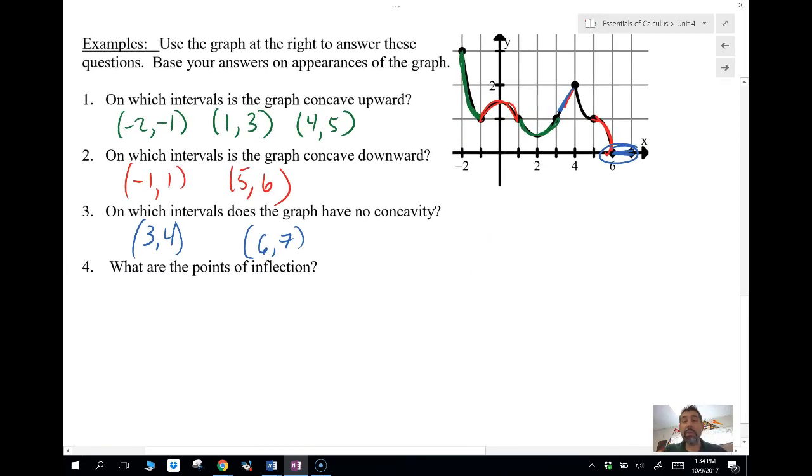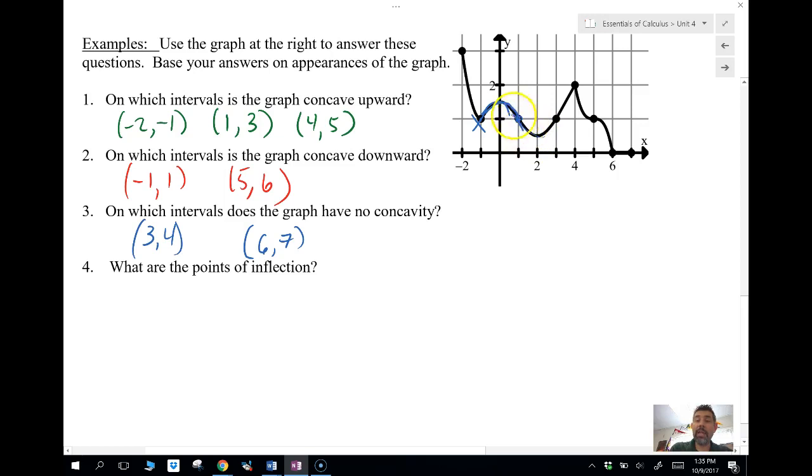What are the inflection points? Again, an inflection point is a differentiable point that changes concavity. Notice here, this is a sharp turn, so this can't be an inflection point. This right here goes from concave down, boo, to concave up, yay.